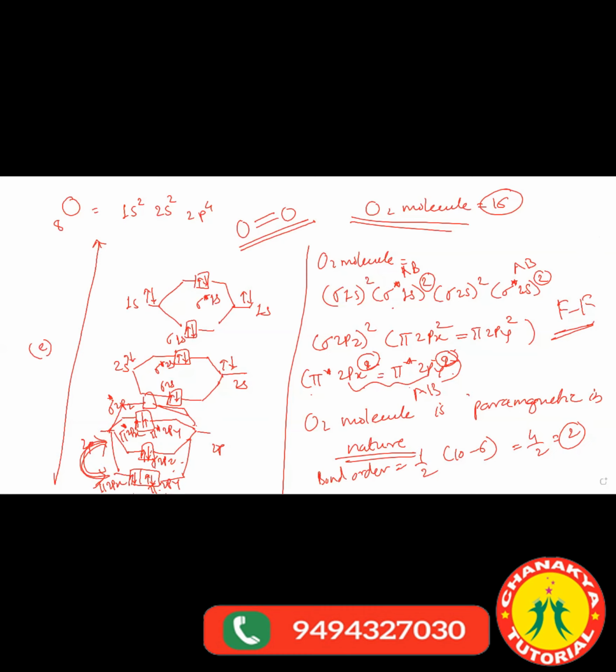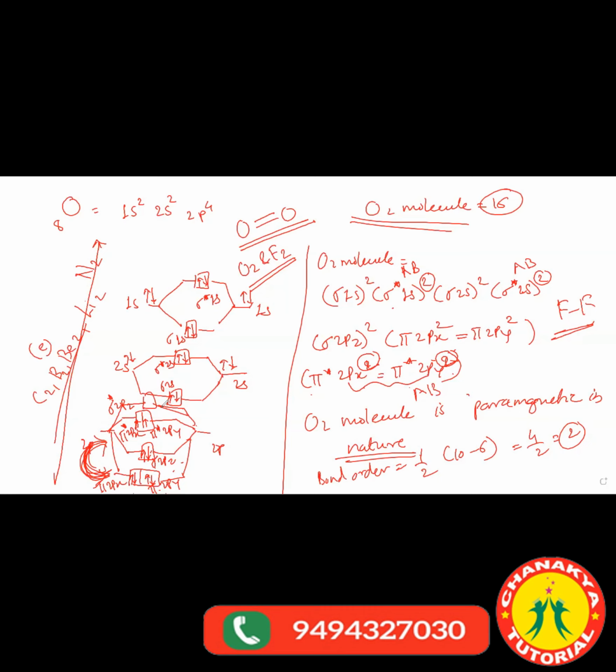So the sequence we should keep in our mind, that is the way of filling electrons. This diagram needs to be followed only for oxygen and fluorine molecules. And if you just swap these orbitals, that can be followed for C2, then boron, B2, then Be2, then carbon, then lithium. For all these, even including nitrogen, the swapped diagram can be used.